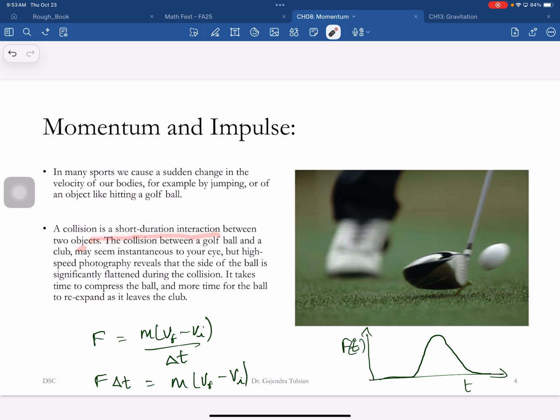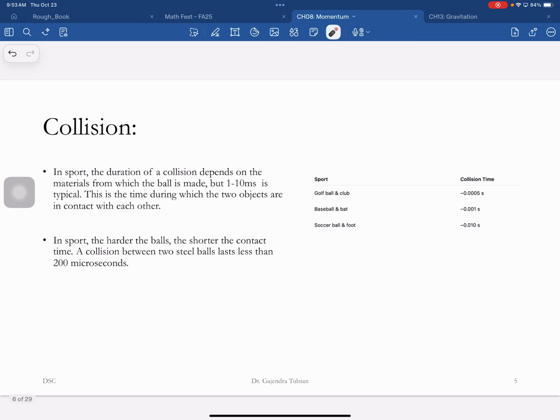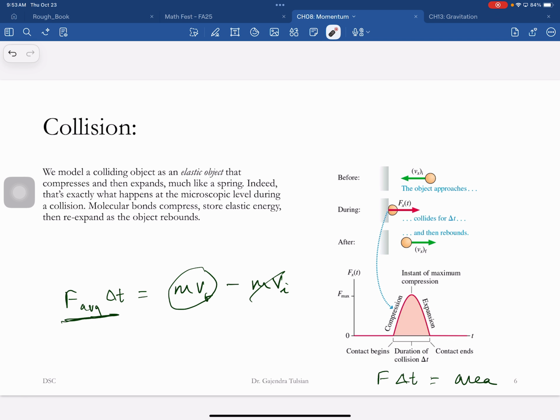The collision between a golf ball and a club may seem instantaneous to you, but high-speed photography reveals that the side of the ball is significantly flattened during compression. Here's what's happening: when the club comes in contact with the ball, it flattens it, and then as it leaves, the ball regains its shape.